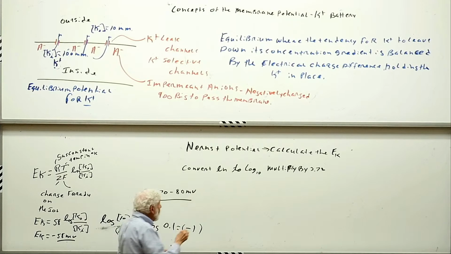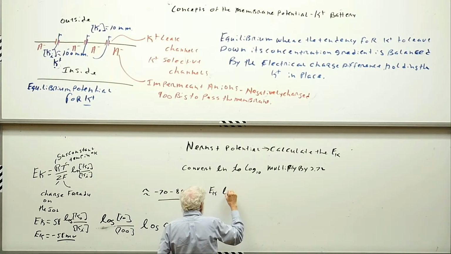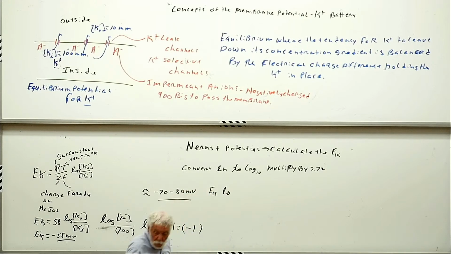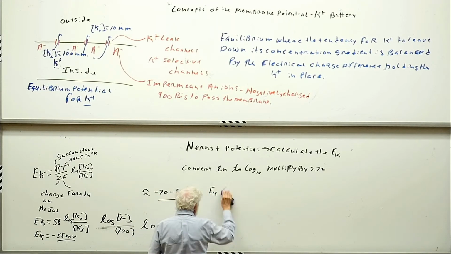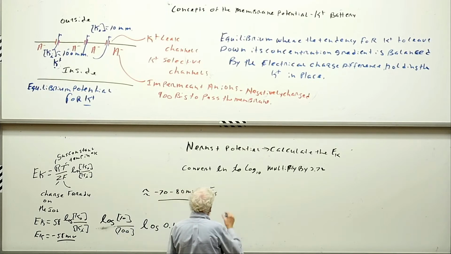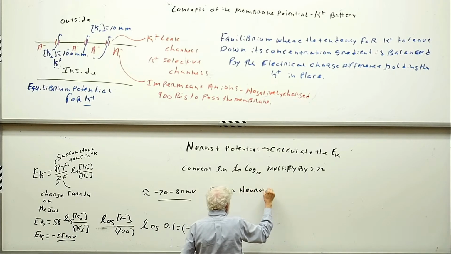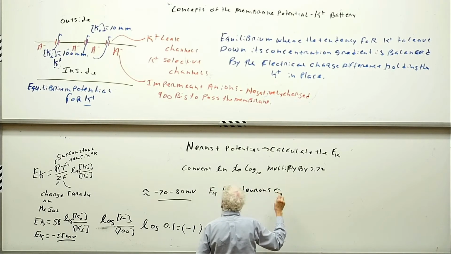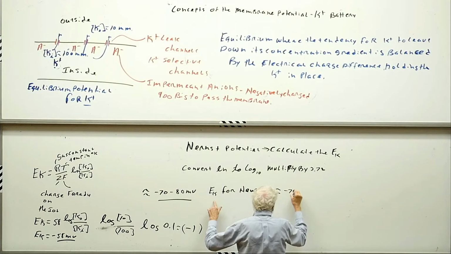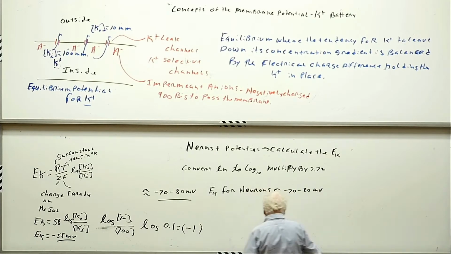So the equilibrium potential for most cells, for neurons, and muscle, is in the neighborhood of about minus 70 to minus 80 millivolts. It'll vary from cell to cell.